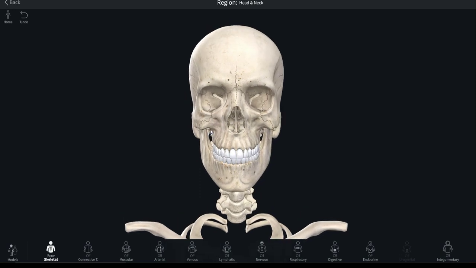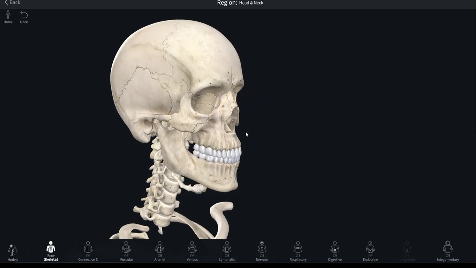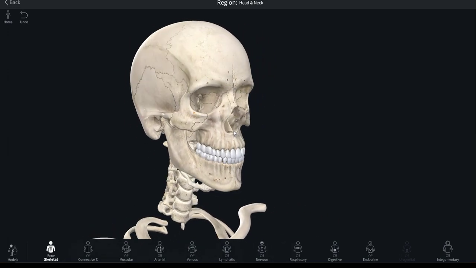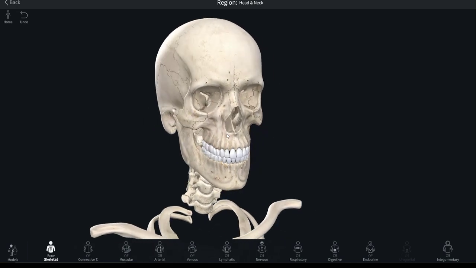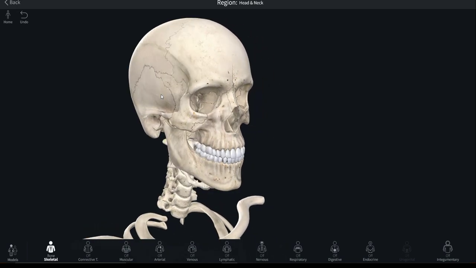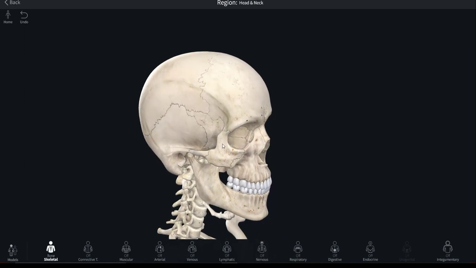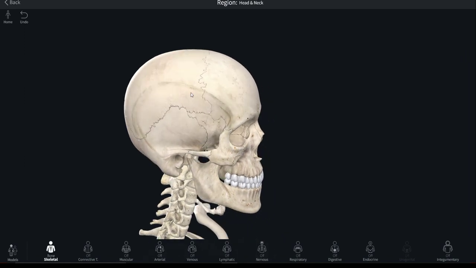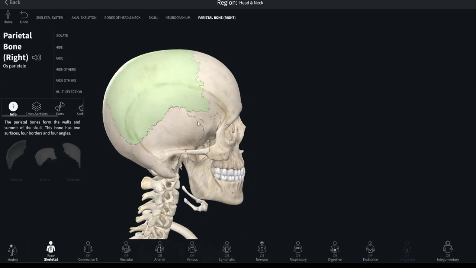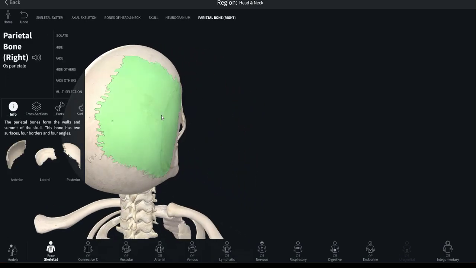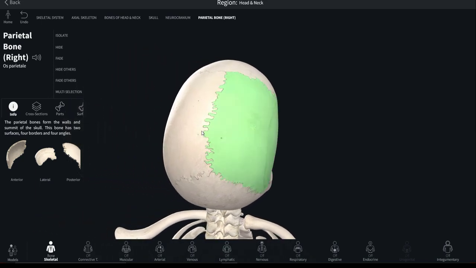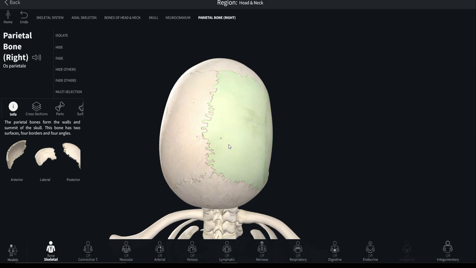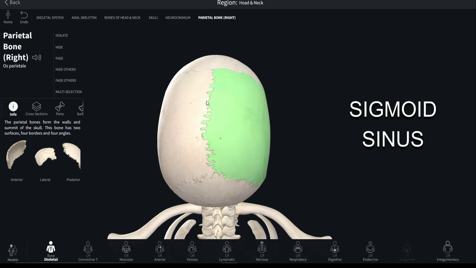Now the postero-inferior angle is an important angle. Why? This is because you see the inner surface of the postero-inferior angle is not very clearly given here, but the inner surface of the postero-inferior angle lodges the sigmoid sinus.